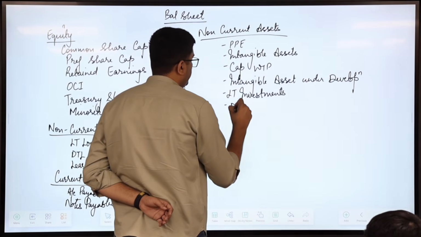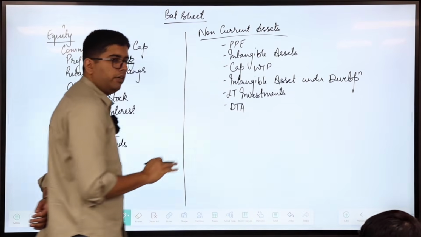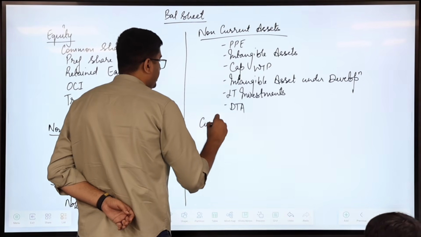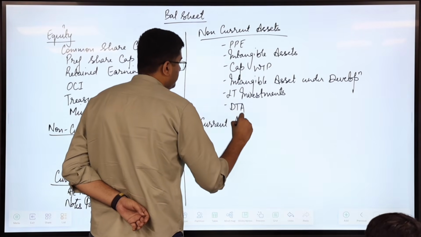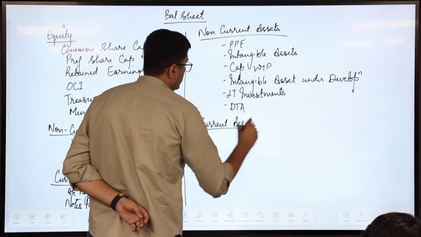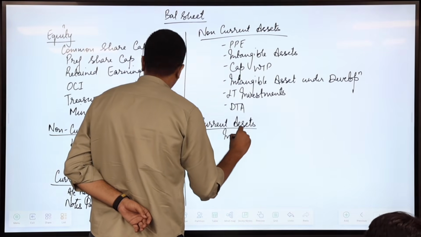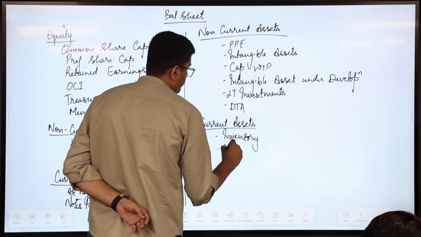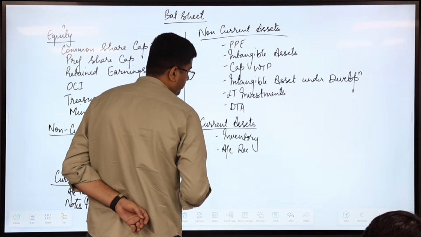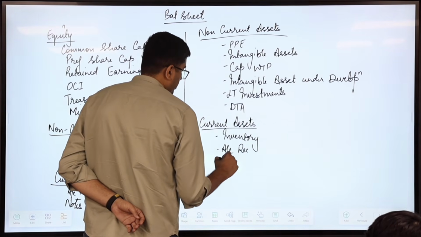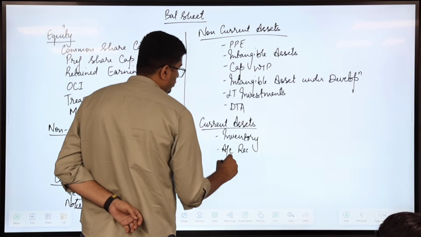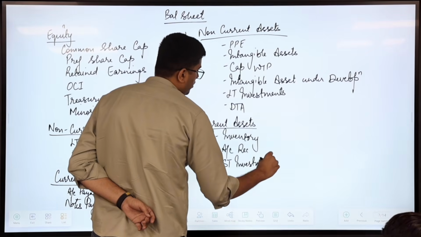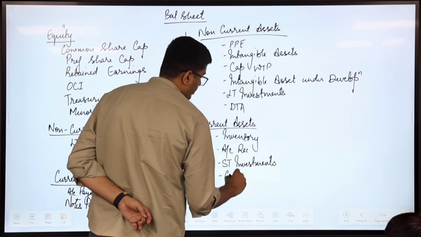And deferred tax asset if we have a deferred tax asset in the first place. And then we have current assets, inventory, accounts receivable. Sometimes over here, we may also have short-term investments and cash equivalents.